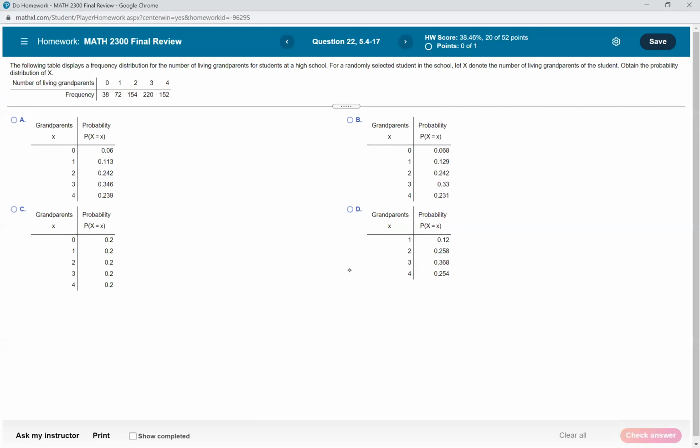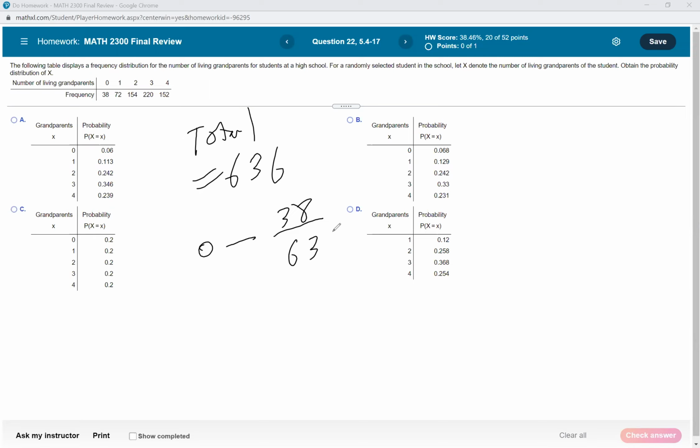For 0, you need to find the total number of students. Total is 38 plus 72 plus 154 plus 220 plus 152, so the total is 636. For 0, the probability will be 38 over 636.